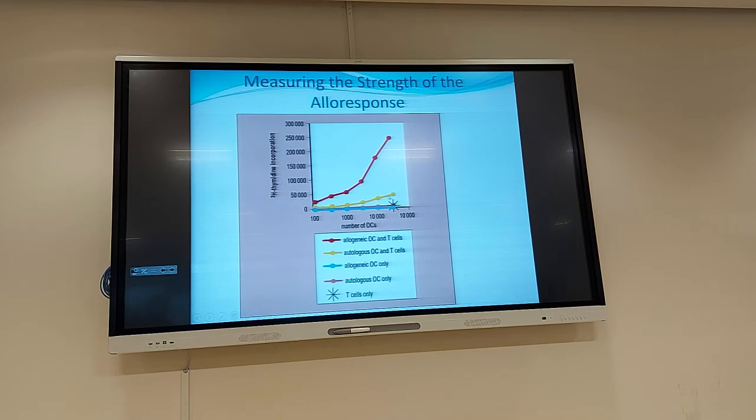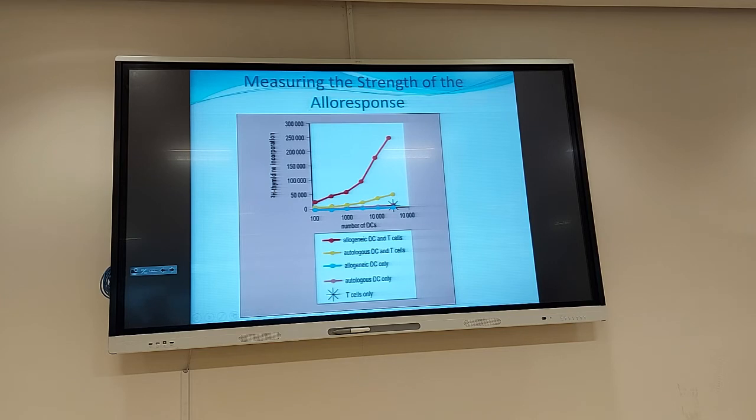Here you have an essentially autologous reaction where you're adding the recipient's own cells, which are active, to the recipient's irradiated cells. There is no reaction. They are not going to proliferate because they are recognizing identical MHCs. So you get low counts here.